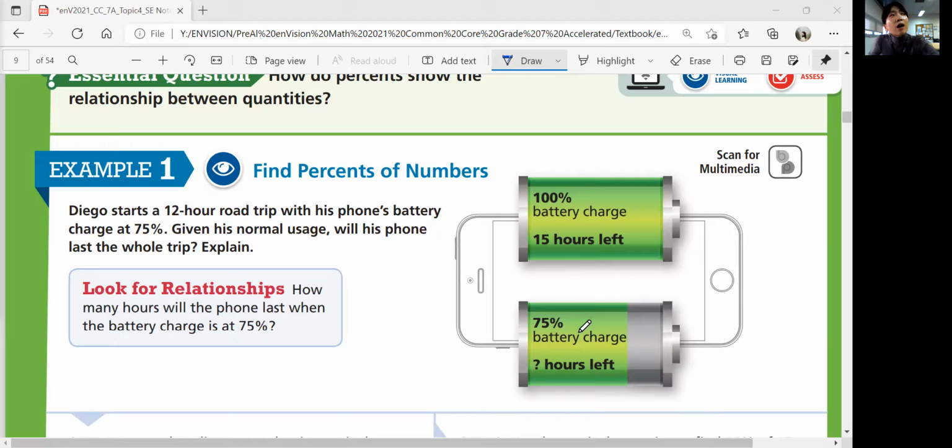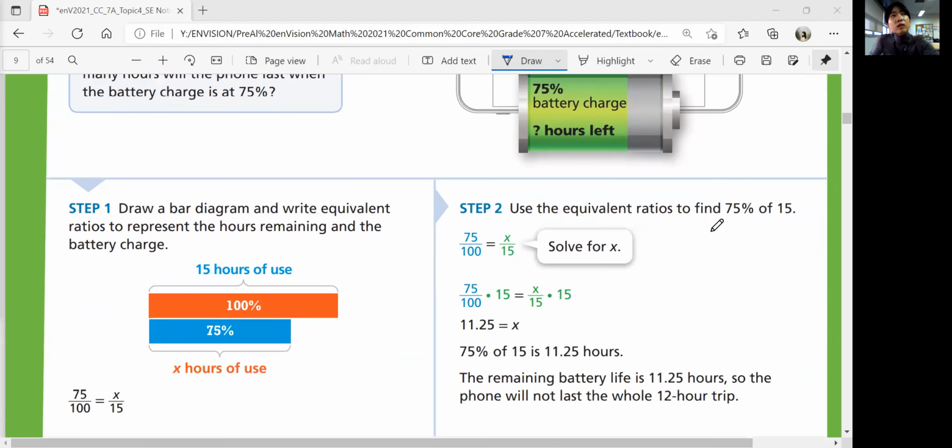Okay, so how many hours will the phone last when the battery charges at 75% using the proportion? 75% is how much from 100 is what you're going to think of. Okay, so you need to come up with a ratio and write a proportion and figure out how many hours.